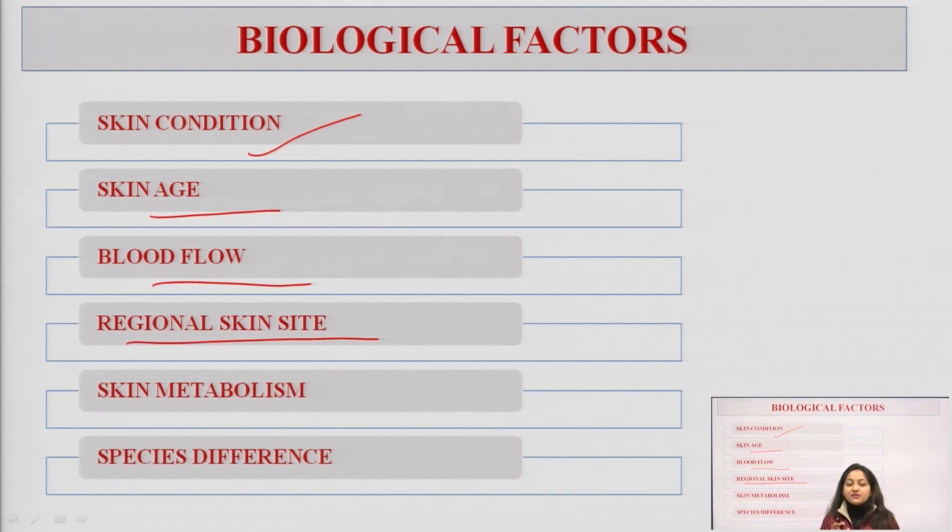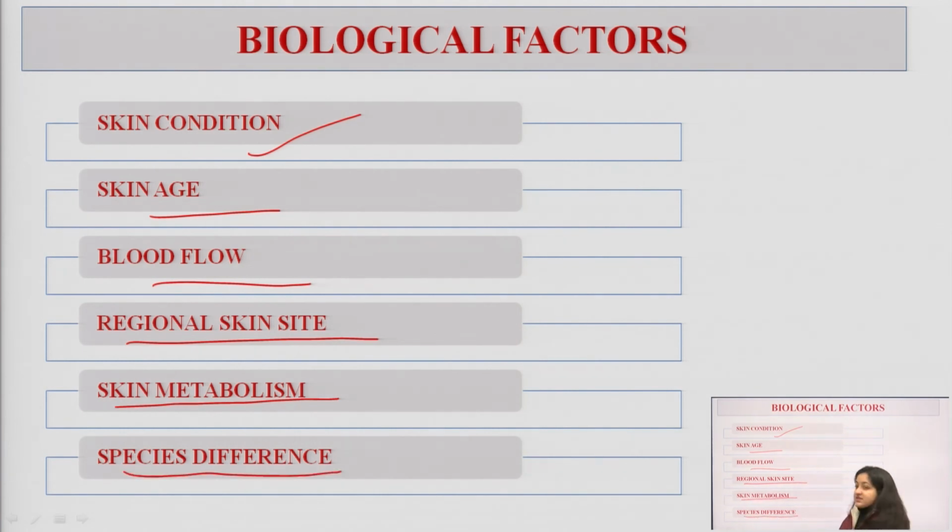So, the permeation for that region is going to differ as compared to another region which has less blood flow. Then skin metabolism. If the skin is exposed to a higher metabolism, then the penetration might change. If the skin is exposed to a lower metabolism, the factor is going to differ.